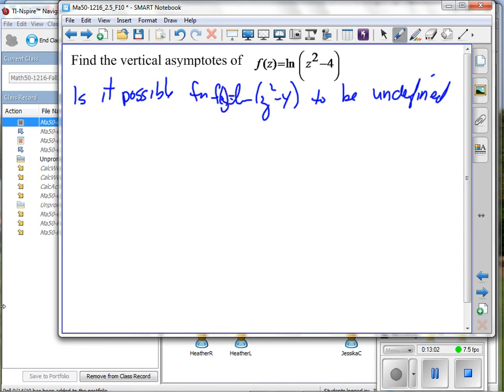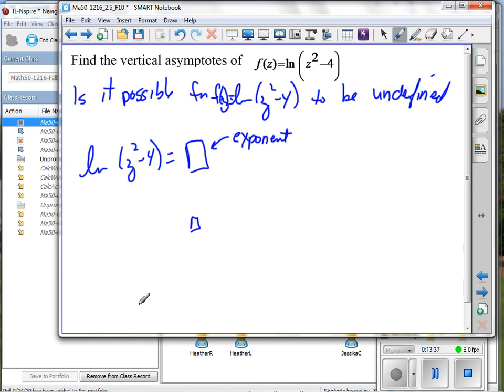We'll even put z in there. If we have the natural log of z squared minus 4, we have to know how to interpret this. And it's a logarithm. I gave it to you once before. Logarithms can be defined by one word. What's the one word? Exponent. So it's equal to something, and that something represents an exponent. Now, I can't rewrite this and make that an exponent just floating in space.